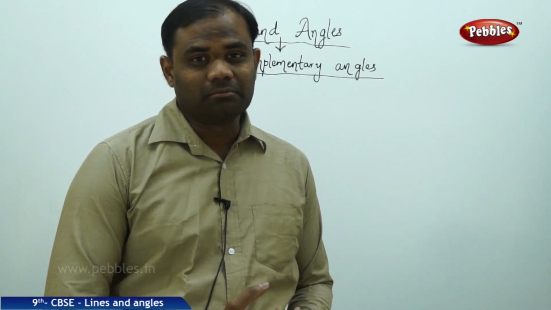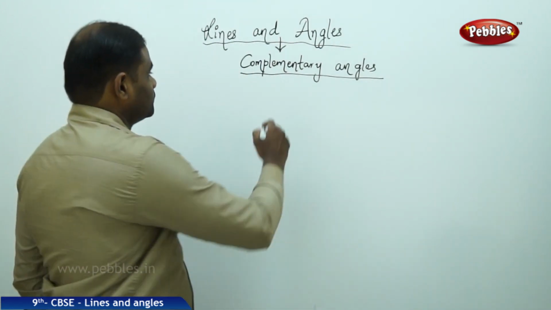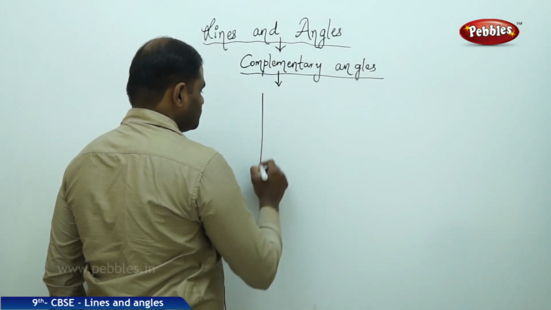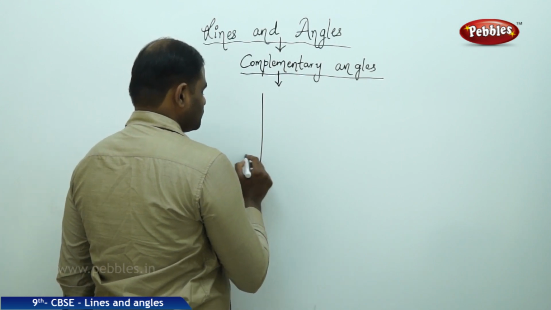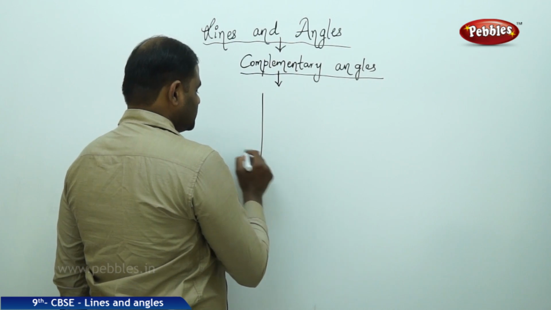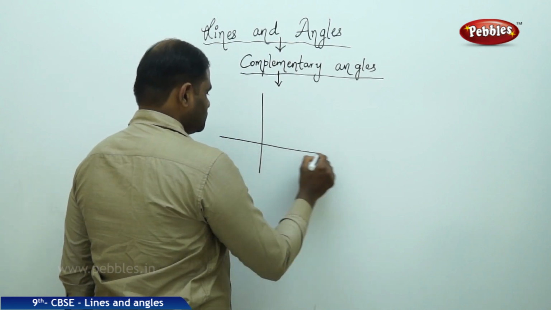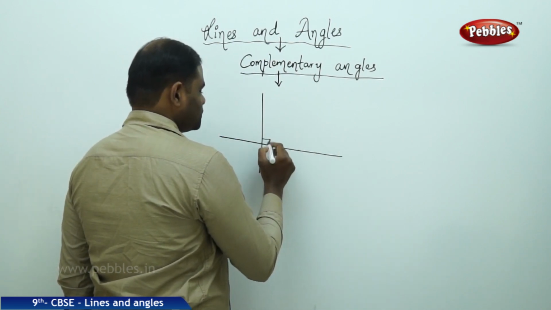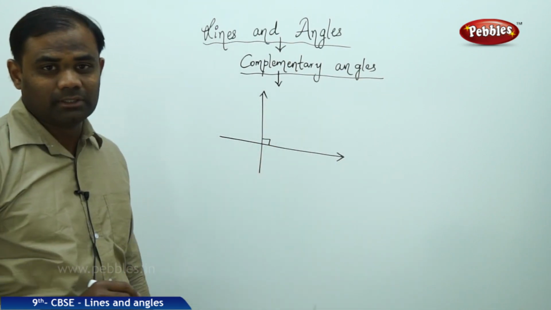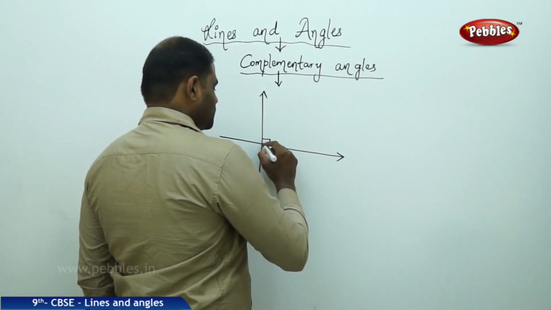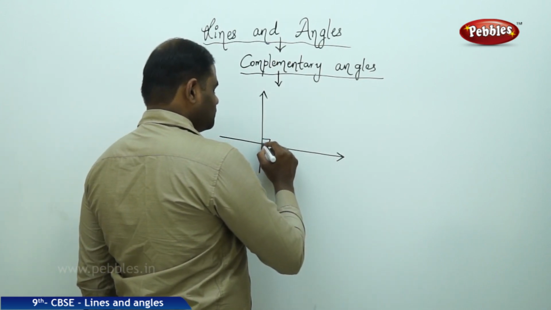Let's see the definition more briefly. Imagine I have two lines which are perpendicular to each other. Imagine there's an angle between them.